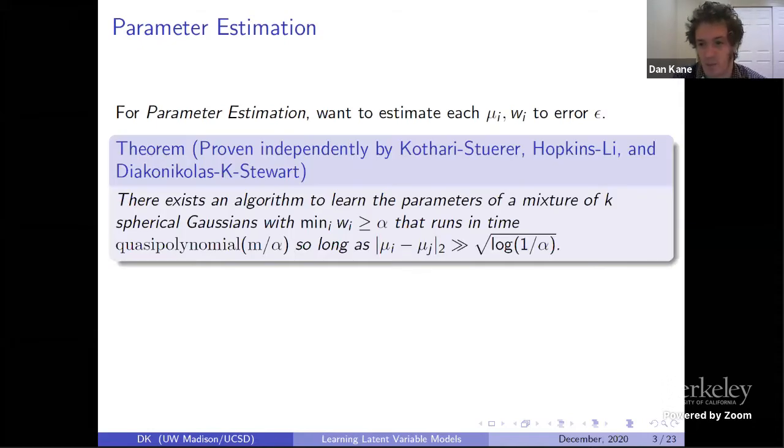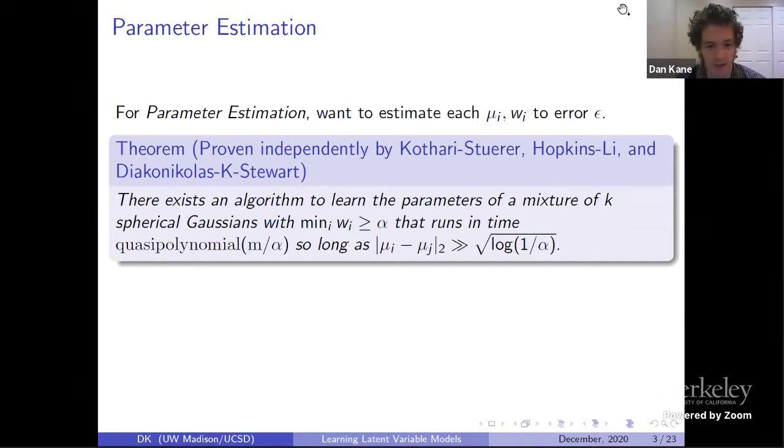And there has been some work in this area that says, well, if you assume that all of the weights are at least alpha, and you assume that the means are pairwise separated by something like square root log 1 over alpha, then there are algorithms that run in time quasi-polynomial in m over alpha. Now, the lower bound on the weight is essentially necessary so that you can guarantee that you'll actually see samples from that component, but the separation is a little bit less natural.